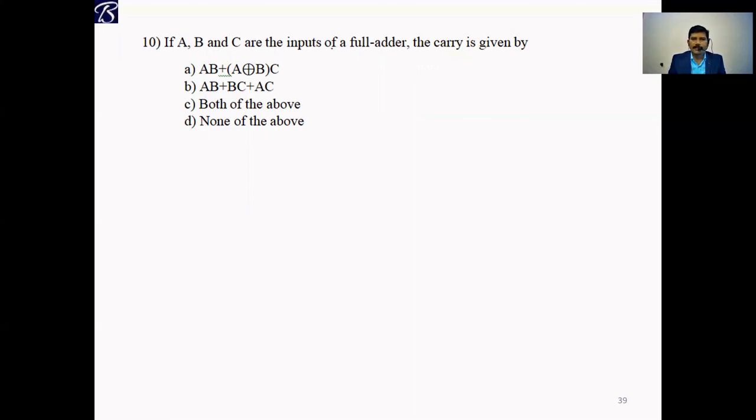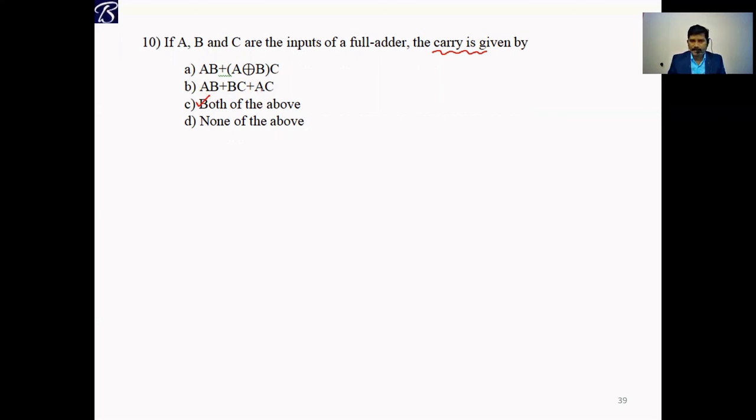If A, B, C are the inputs of a full adder, the carry, kindly observe this one. AB plus A XOR B into C, AB plus BC plus AC, both of the above, none of the above. So here C is correct, because there is another way of carry expression.